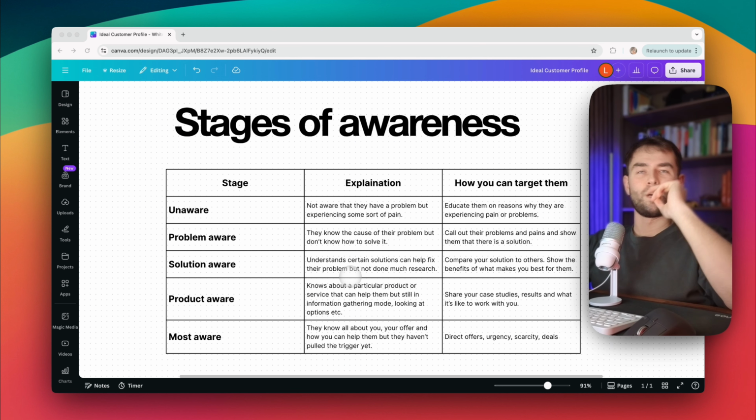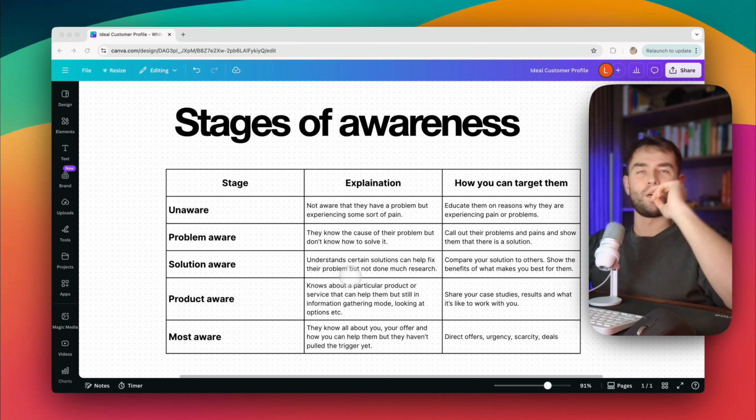This isn't people who, just because they're not solution aware, don't know that going to the gym exists. It's just that they're not aware that that might be a solution that would fit into their lives and actually help them, or something that they could actually achieve, okay? So it's not that they don't know that these things exist, it's just they haven't thought about it and put two and two together.